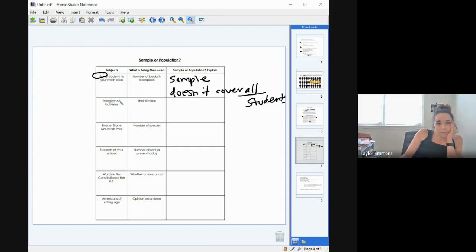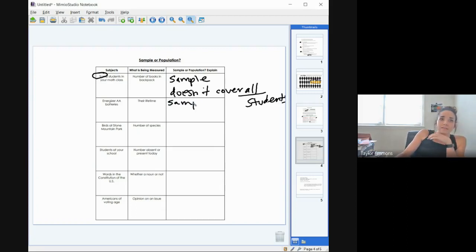Okay, Energizer AA batteries. And what is being measured? Their lifetime. So do you think this is a sample or a population? Okay, so this is a sample.